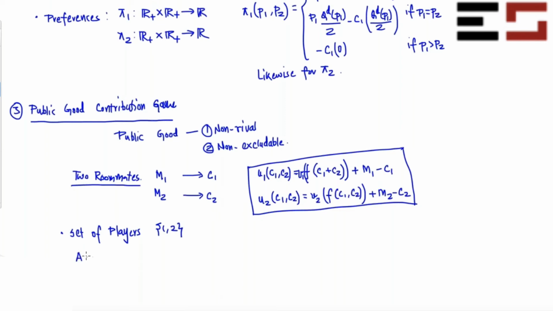And action sets: players cannot contribute more than their pocket money. So we are going to say that A1 is 0 to M1, a closed interval, and A2 is 0 to M2. Is that okay?